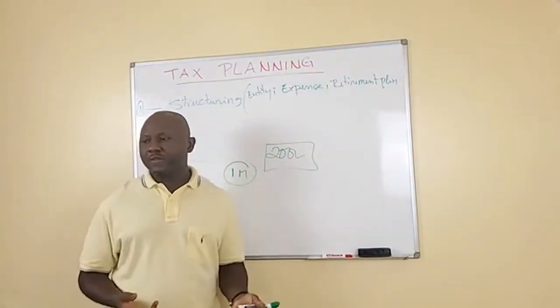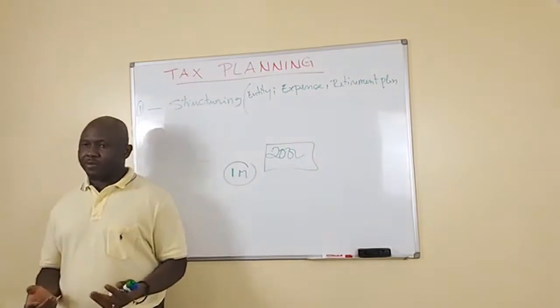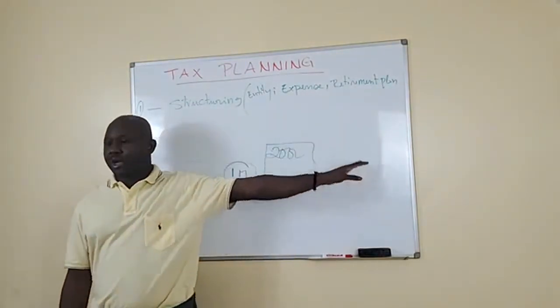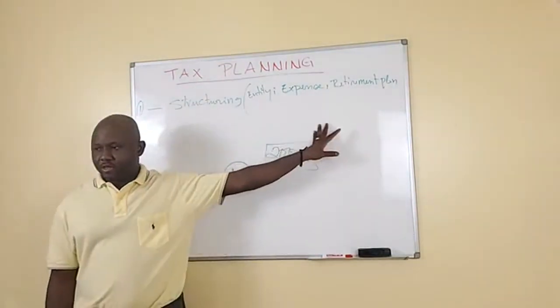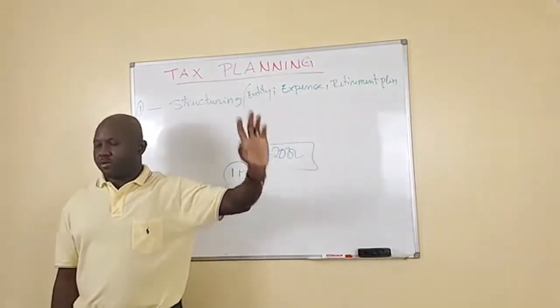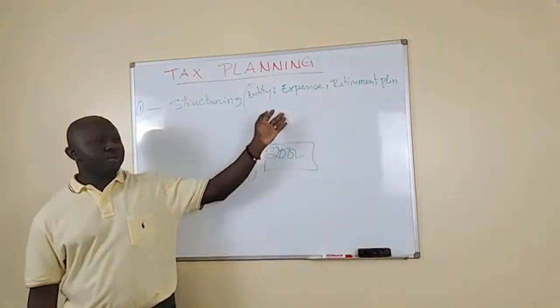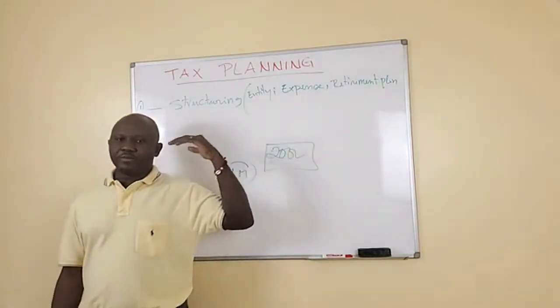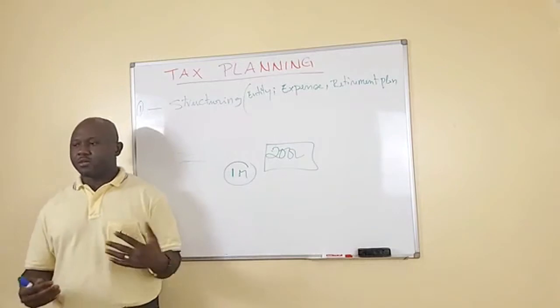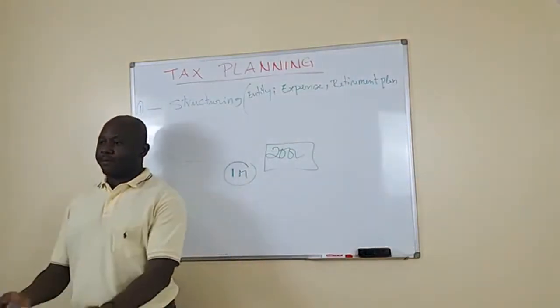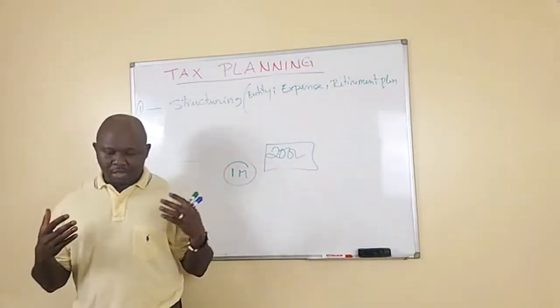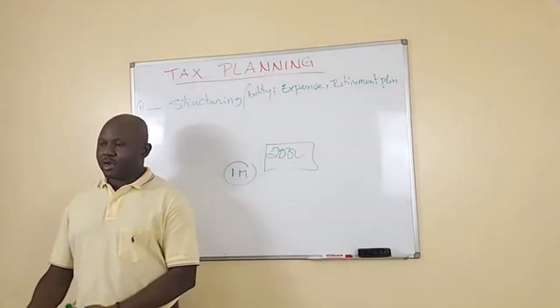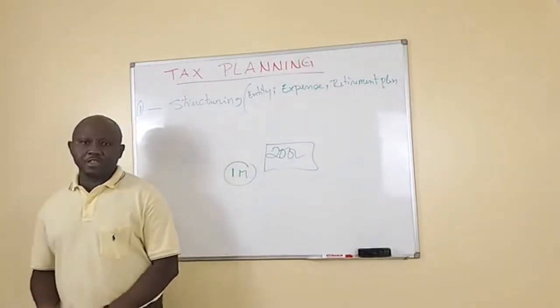You have so many different types of retirement plans, right? Each retirement plan will have an advantage that is greater than the other one. You have to structure. Just by structuring them, you will have more evidence of implementing good tax planning and save you in taxes. That is basically what it means.